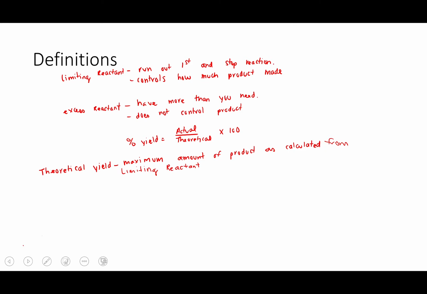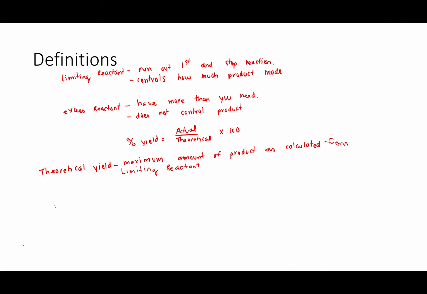Theoretical yield is the maximum amount of product as calculated from the limiting reactant. It is what could happen as long as nothing bad in the real world happens. Kind of like how I mentioned, one of my tires might just have an unrepairable hole in them.